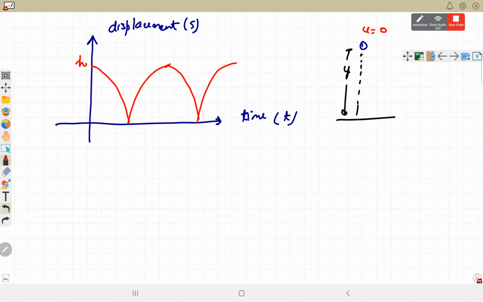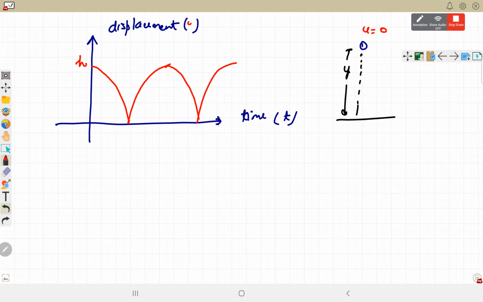After the collision, velocity becomes from v naught to minus v naught. Right, so this is y versus t, displacement from the ground. This is a practical case.